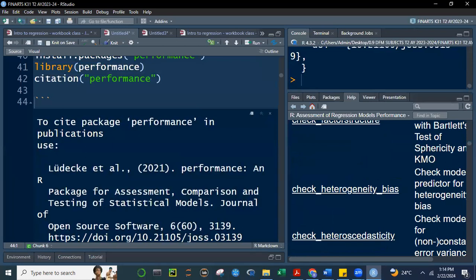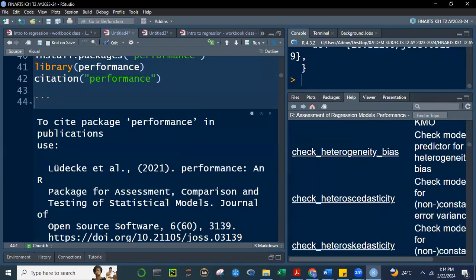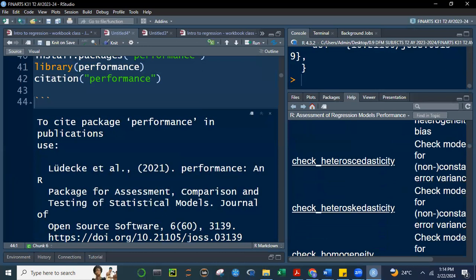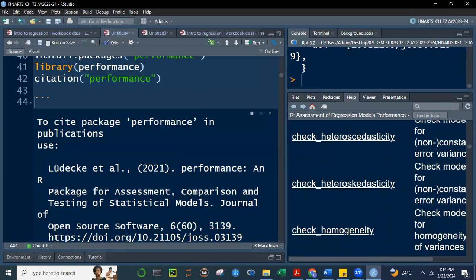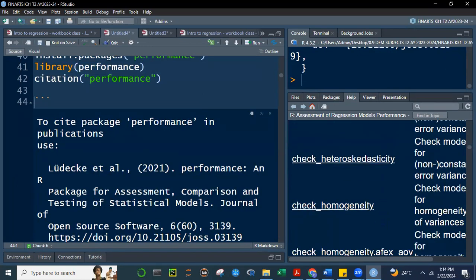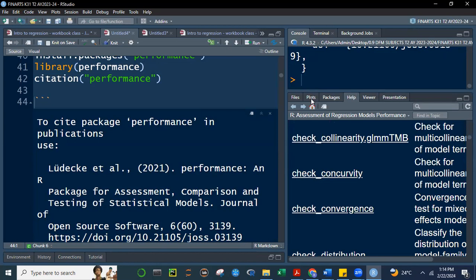Which means, class, that you can later on, I'm going to show you, use this to evaluate your model. Remember that after you create your linear model, it's not enough for you to just come up with the equation.